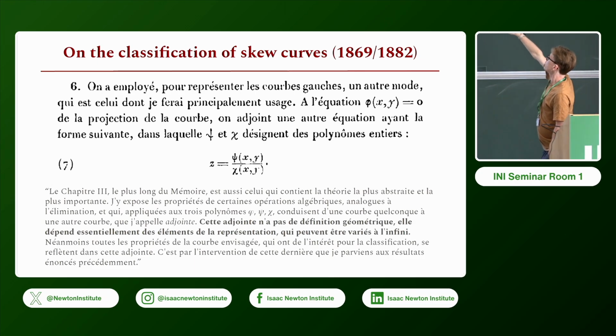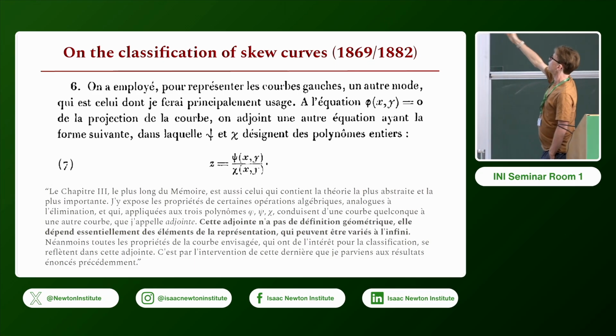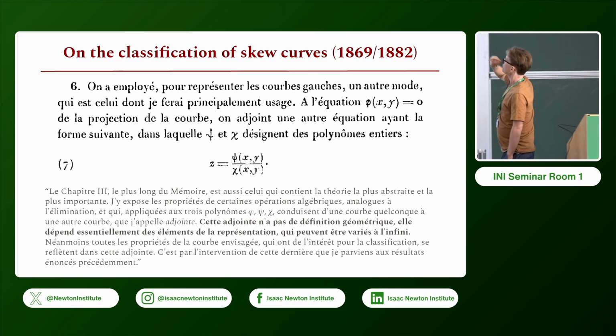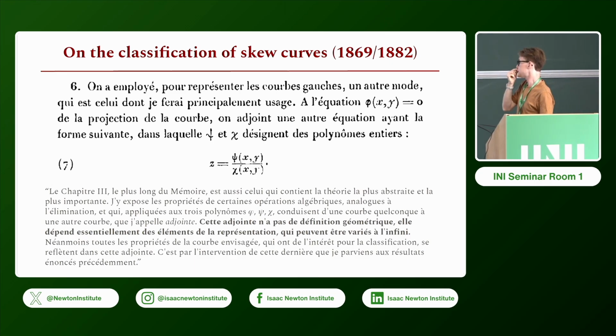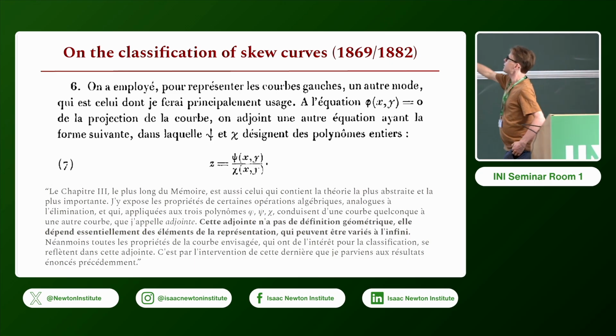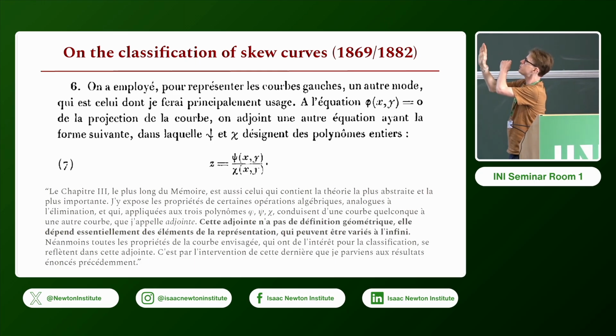So the first equation is the projection of the skew curve into an arbitrary plane, and then you have those two other polynomials, phi and xi. So this equation sort of represents the skew curve. You have one parameter z, which you can look at as a mobile plane, and each time you're looking at one algebraic expression for the projection of the curve on that plane.